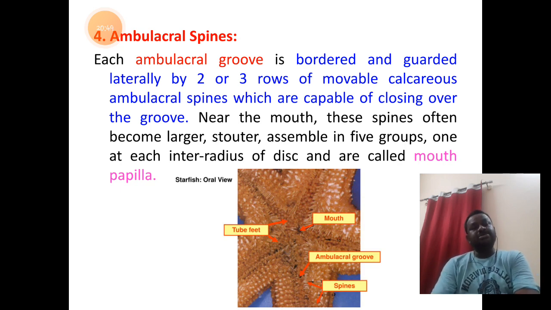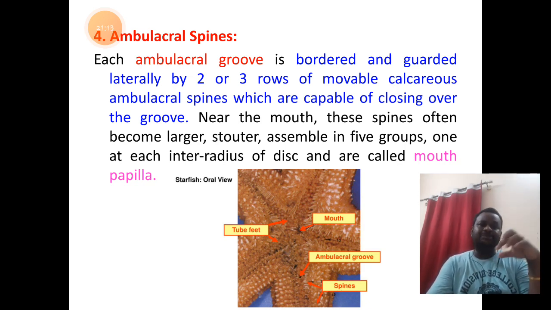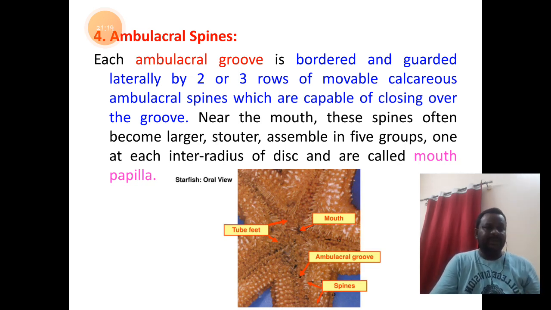The next important part of the oral surface is the ambulacral spines. We know that from the mouth originates the groove into the arm, called the ambulacral groove. So we find 5 ambulacral grooves in each of the pentamerous arms of the starfish.